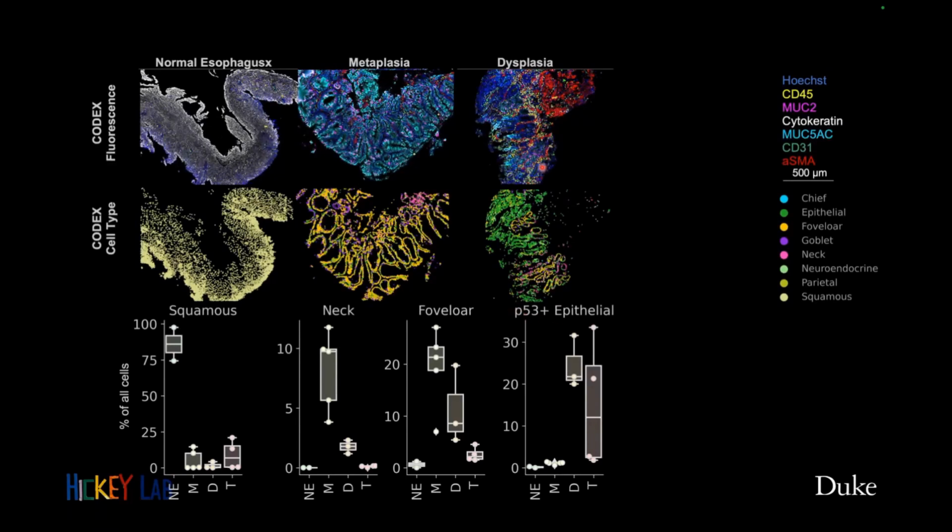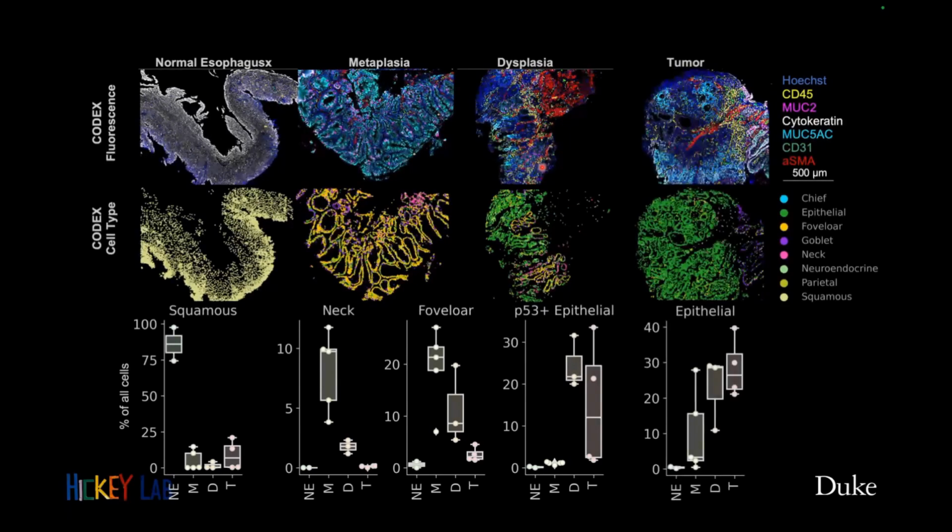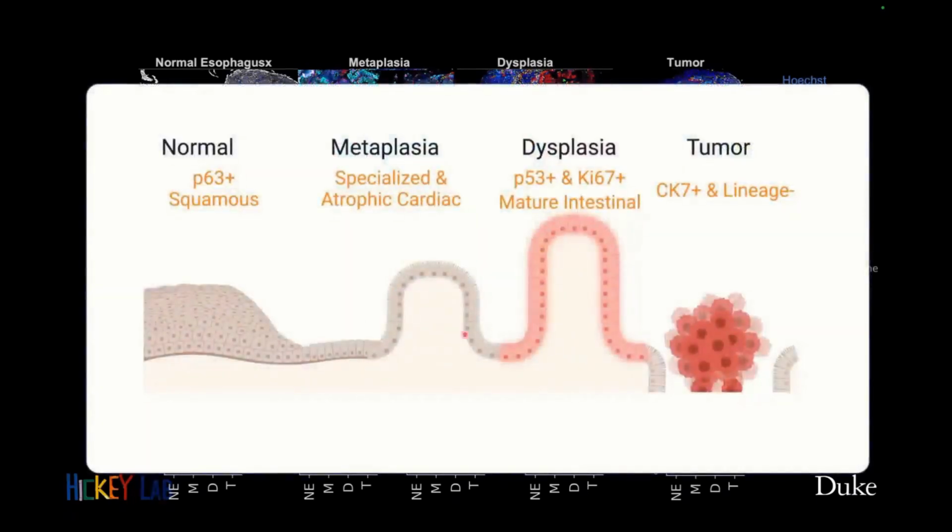It gains p53 and loses differentiation markers. And as we move towards cancer, we get even more loss of these cell type specific epithelial markers like squamous or intestinal-like epithelial, and it becomes more dedifferentiated. And so we describe these changes as a change in the epithelial cell state, where it goes from the correct state to a misdifferentiated state towards a dedifferentiated aggressive state.